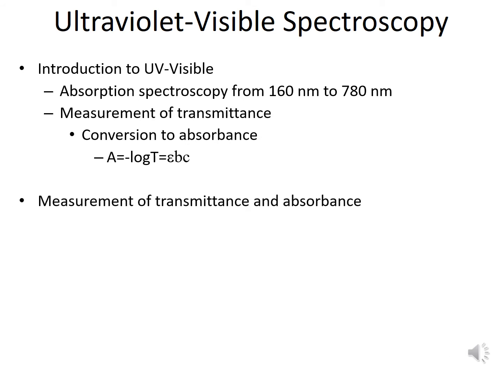Okay, so now we go in detail about the principle of ultraviolet visible spectroscopy. Basically, the range of the wavelength for absorption spectroscopy starts from 160 nanometers to 780 nanometers, and this kind of instrument, the UV-Vis spectrophotometer, uses the conversion to absorbance, like absorbance equals epsilon times b times c.